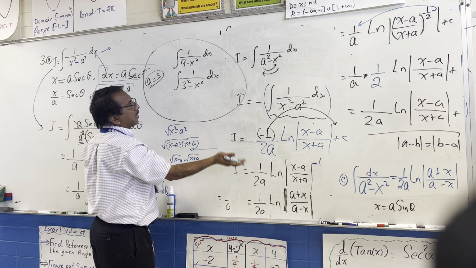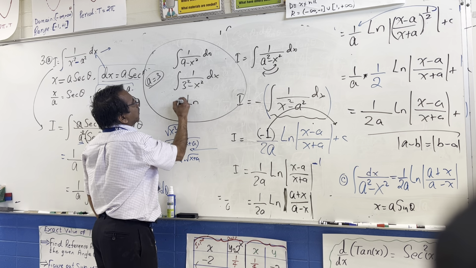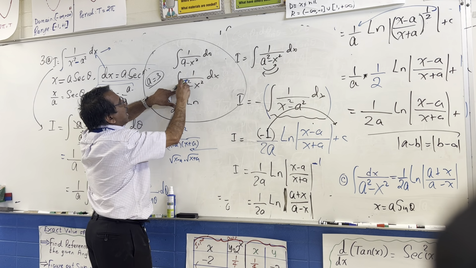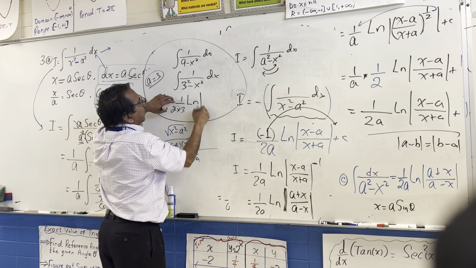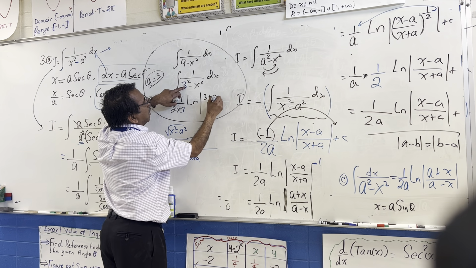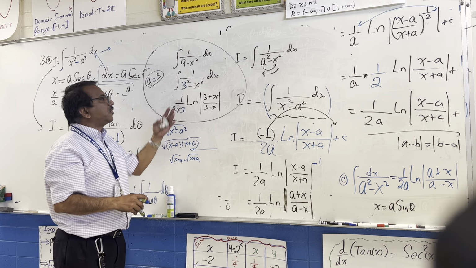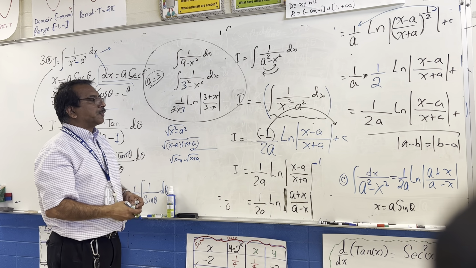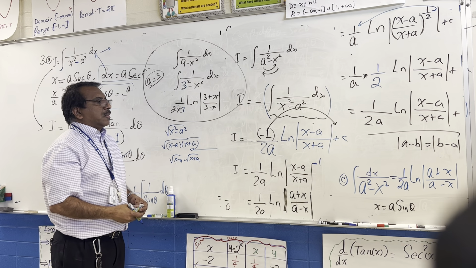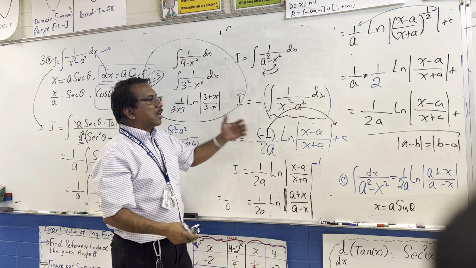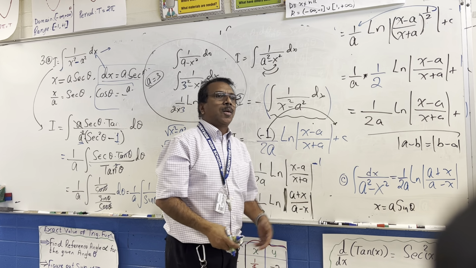The formula is 1 over 2a, so 1 over 2 times 3, and ln of (a plus x) over (a minus x), so it is (3 plus x) over (3 minus x), and you're done. So that's all it is. Problems are easy. A lot of students do thousands of problems, but do we know how to arrive at these proofs? Why these formulas?